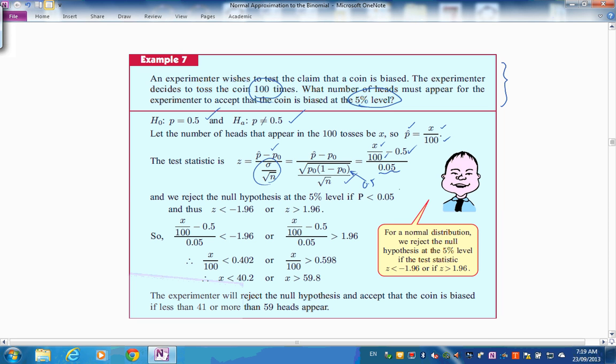Now, we reject the null hypothesis if the test statistic is less than negative 1.96 or greater than 1.96. Okay, remember that? This little fellow is saying it here. I'll just go back and revise it on the Z distribution. The Z distribution has a mean of 0, standard deviation of 1.